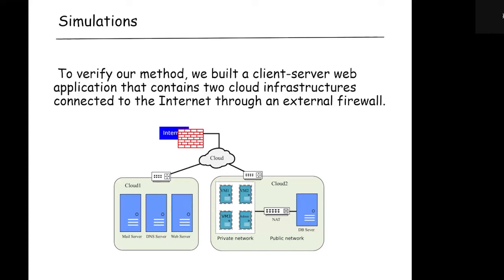Simulations. To verify our model, we built a client-server web application that contains two cloud infrastructures connected to the internet through an external firewall. The structure is shown in the picture.